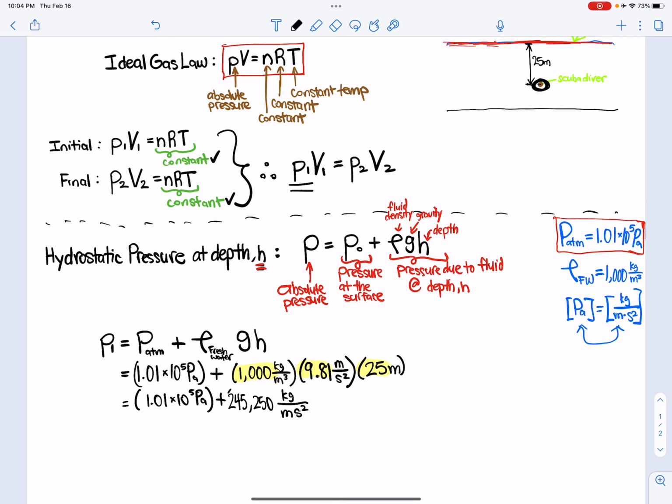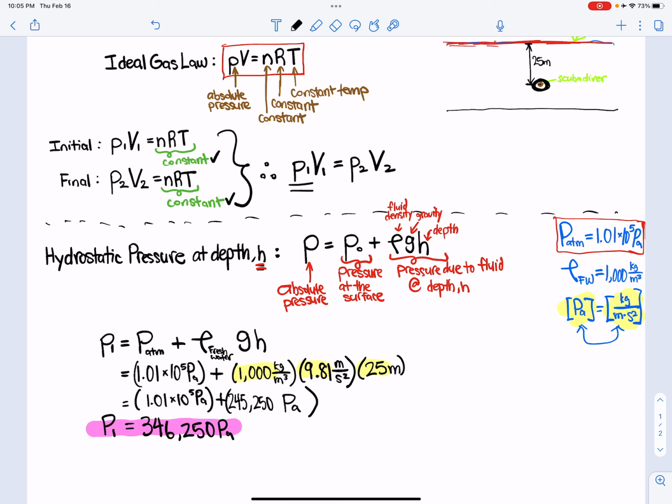So I've got 245,250 pascals. So I can add those guys together, and I would find that my initial absolute pressure is 346,250 pascals. Okay, and I will highlight this in, I guess we'll use pink, just so it's easy to see. Okay, I have that.